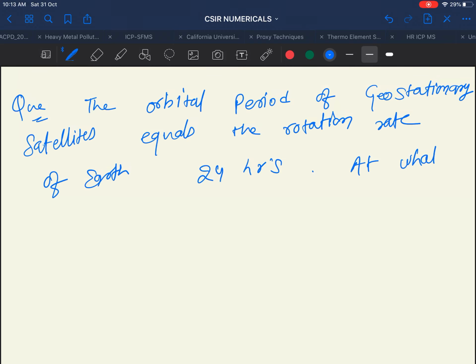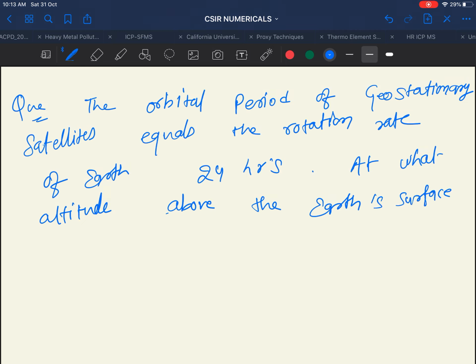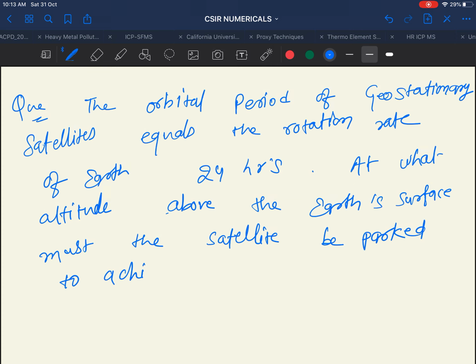Now at what altitude above the earth's surface must the satellite be parked to achieve this 24 hours orbital period?